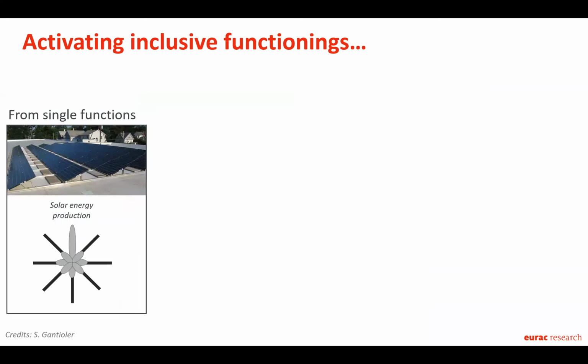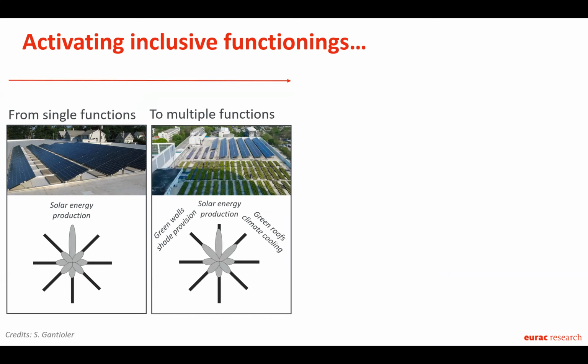What we are doing in our studies is aiming at moving from a single function for each urban surface, first to multiple functions. So at least considering solar energy production in connection with the possibility of having green roofs in the area.